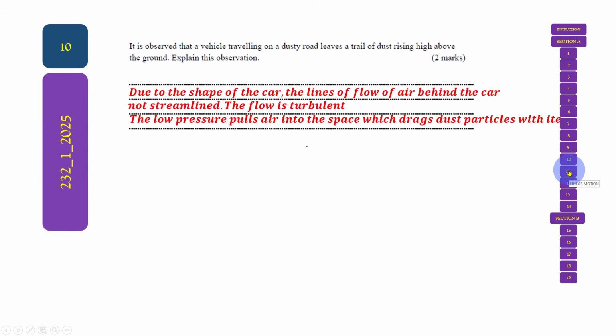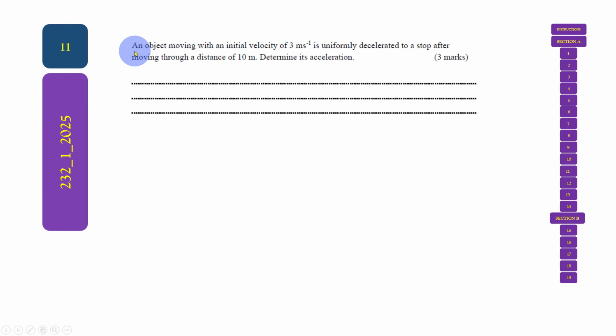About question 11. In question 11, we are given that an object moving with an initial velocity of 3 meters per second is uniformly decelerated to a stop after moving through a distance of 10 meters. Determine its acceleration. This one comes from linear motion, and it would be expected that you can list down all the physical quantities given in this question.